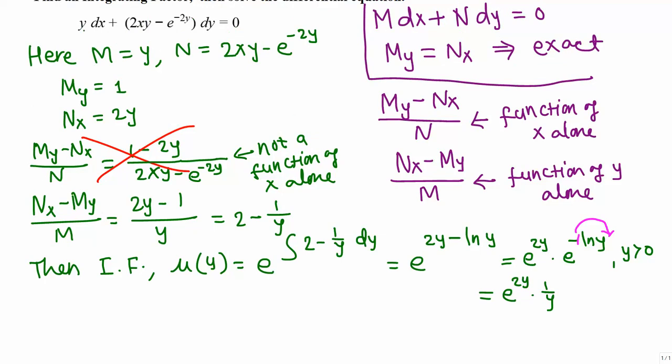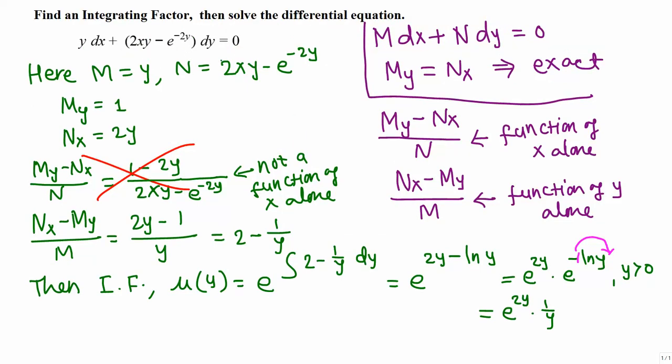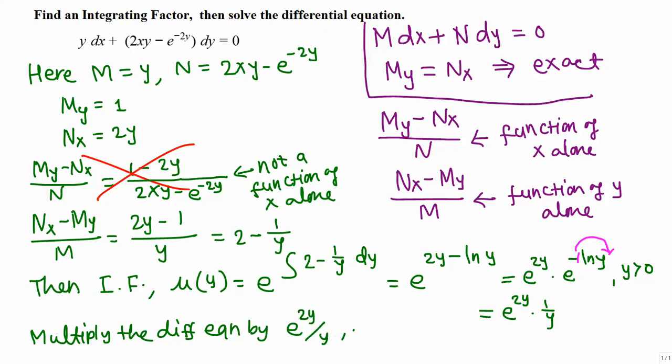If we multiply this differential equation by e raised to 2y times 1 over y, then this becomes exact. Okay, let's write that. Multiply the differential equation, I generally say ODE, ordinary differential equation, by e raised to 2y times 1 over y, which is the same as e raised to 2y over y.